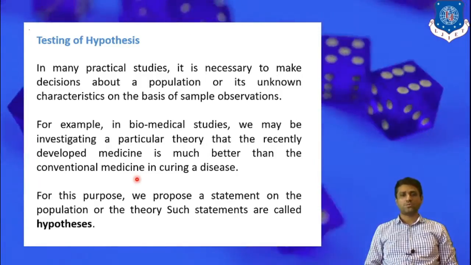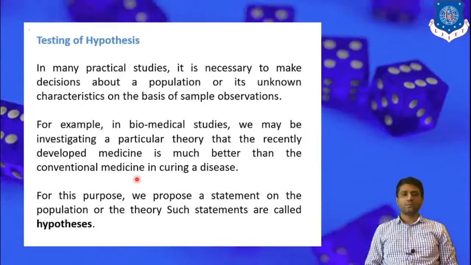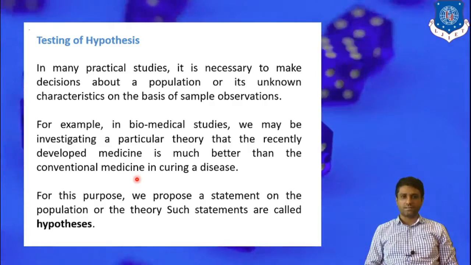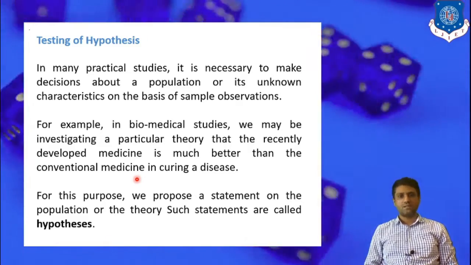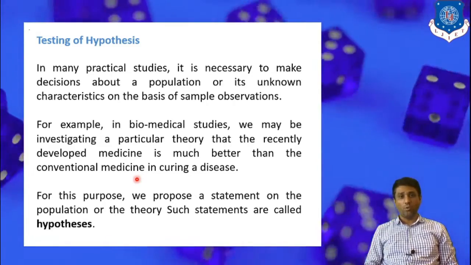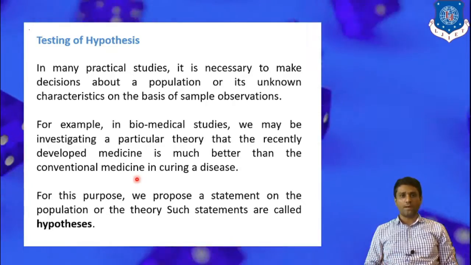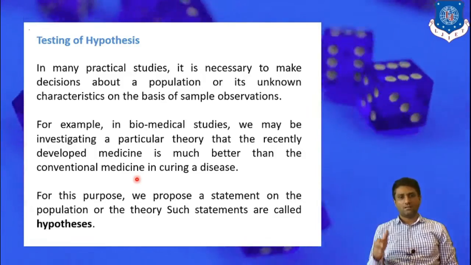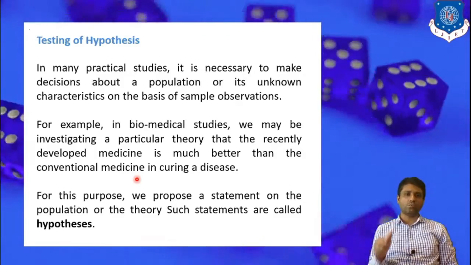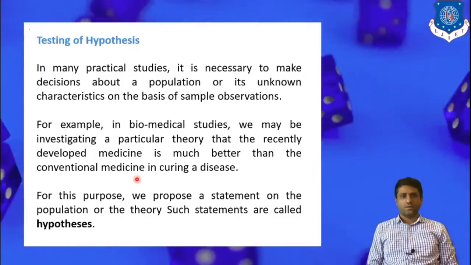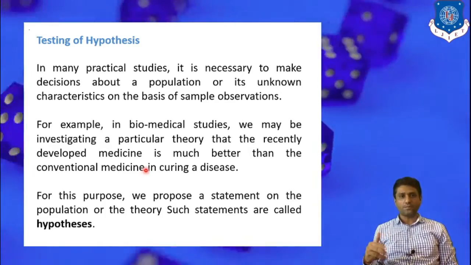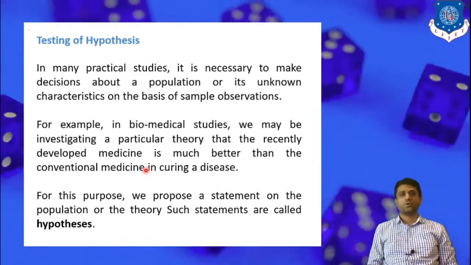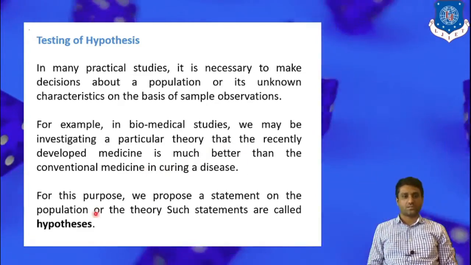In general, any drug manufacturer or drug industry produces a new medicine and claims that the new medicine is very novel and overcomes the drawbacks of the medicine which is currently available. To check this type of statement, we need to study this unit, the application of statistics.